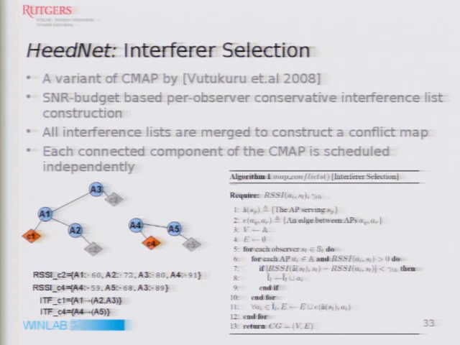Obviously, there are other clients that aren't participating, and it's a very valid question to ask: how does it really change if you have all of them as observers versus only some of them? Because it's not our selection, it's the client participation. So at least with the topologies we had, we did some tests to see how the conflict map changes if you had 25% participation versus 50 and 100.